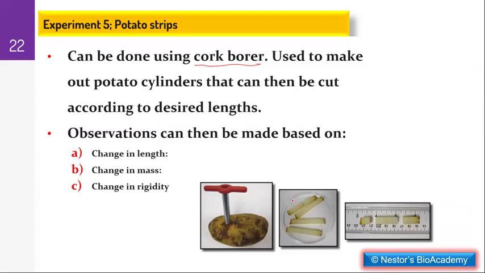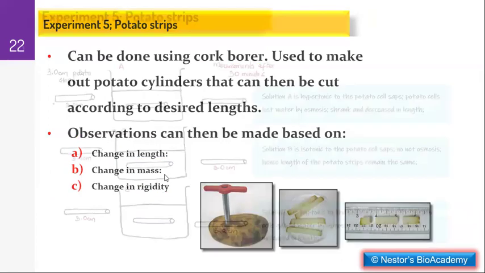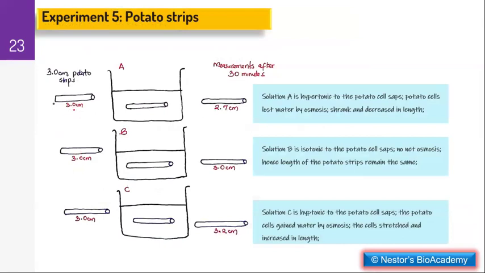Then you can cut out a given length of the potato cylinders and place them in different solutions. After some time, observations can be made in terms of change in length, change in mass, or rigidity. Most common observations will be in terms of change in length and change in rigidity, like what you can see in this illustration here.